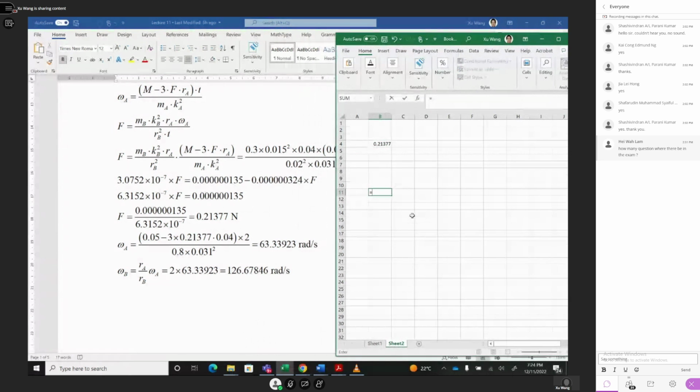Okay, then we calculate omega A. So omega A equals brackets 0.05, we multiply, and then brackets multiply 2 divided by 8, brackets 8.